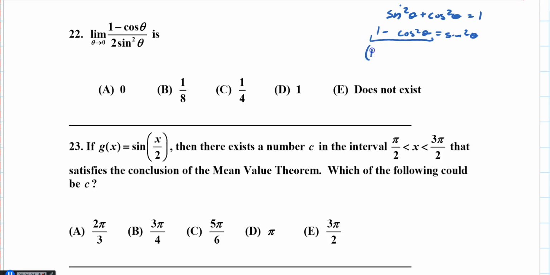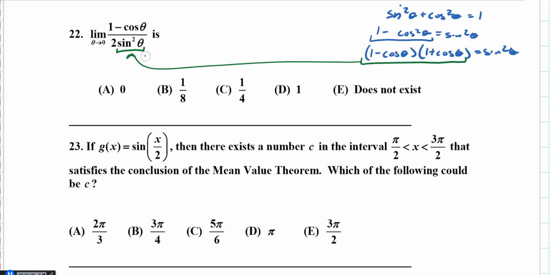So that can be written as (1 minus cosine theta) times (1 plus cosine theta), and that's still equal to the sine squared of theta. And that's going to be helpful because I can turn this right here into that, and now I have factors, and it looks like I can cancel out the factor on the top and the factor on the bottom.